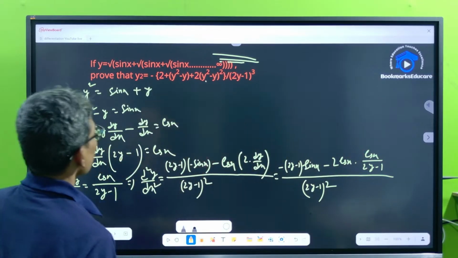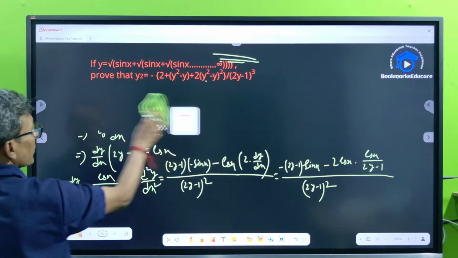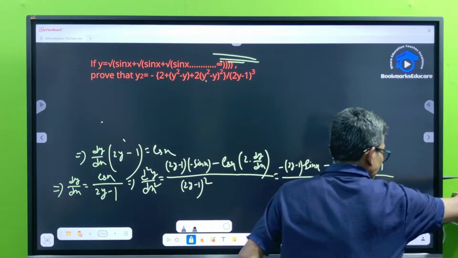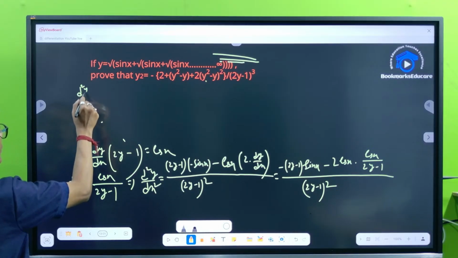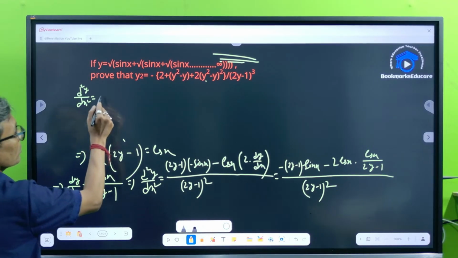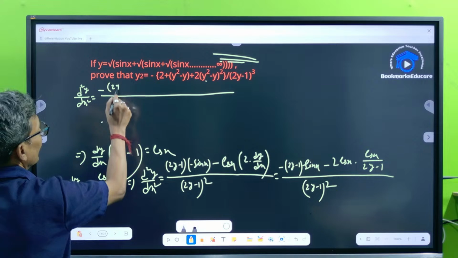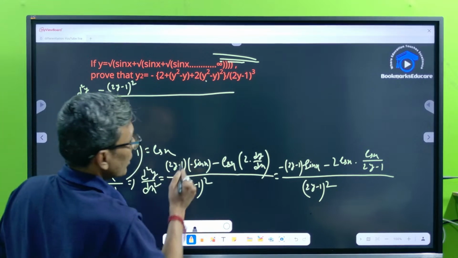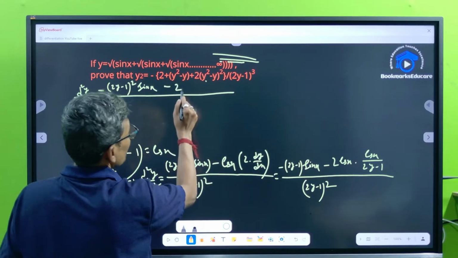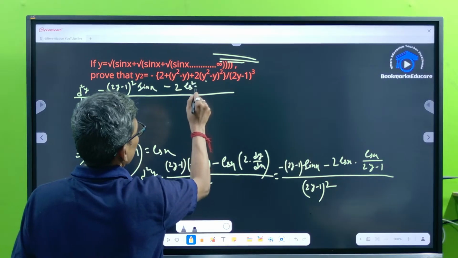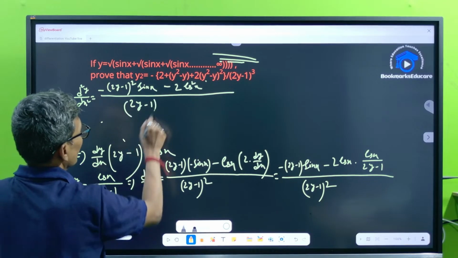Okay, so d2y by dx2 is equal to minus (2y minus 1) whole square sin x minus 2 cos square x, by (2y minus 1) whole cube.